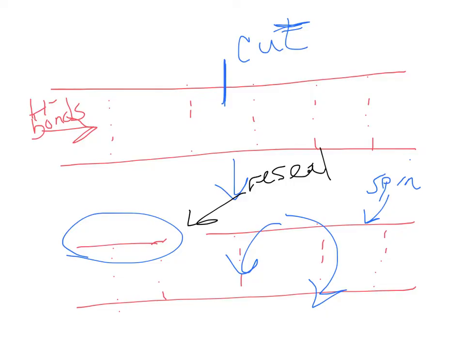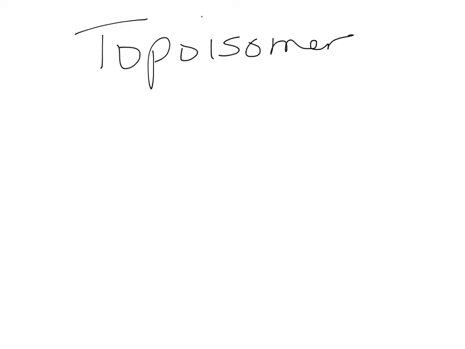Now, if you think of topoisomerase, it is a large molecule, but it has as its functional area a tyrosine.